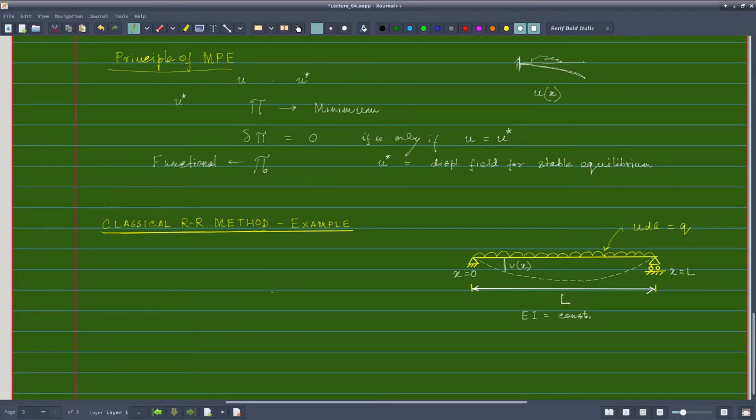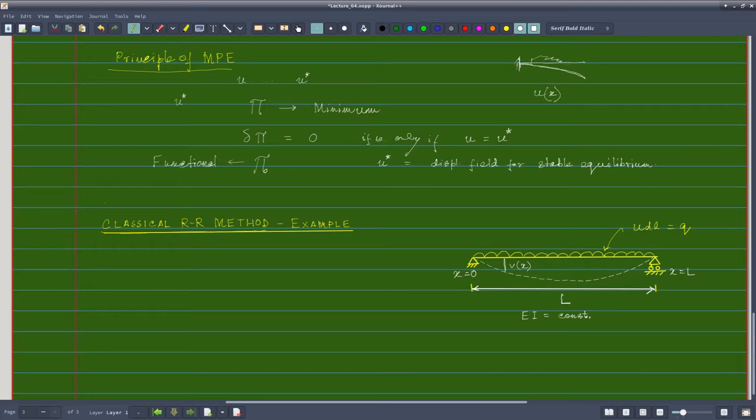For illustration of this classical Rayleigh-Ritz method, let us take this example. We have a simply supported beam, with a hinge support at the left end and a roller support at the right end.